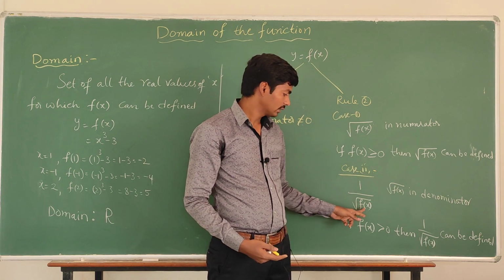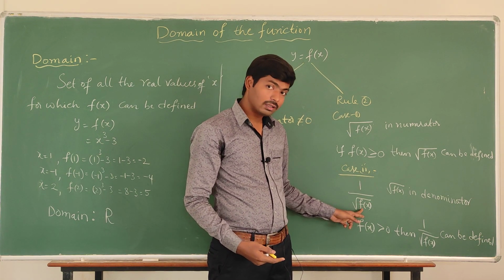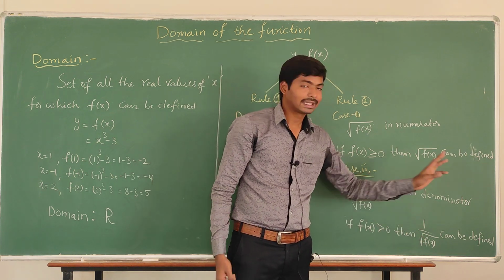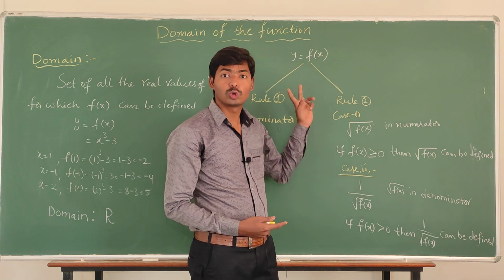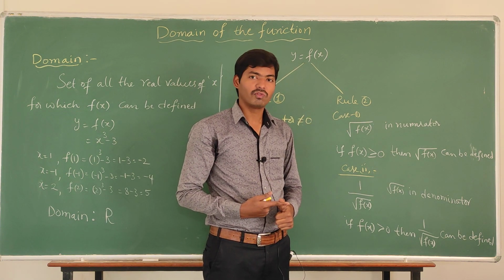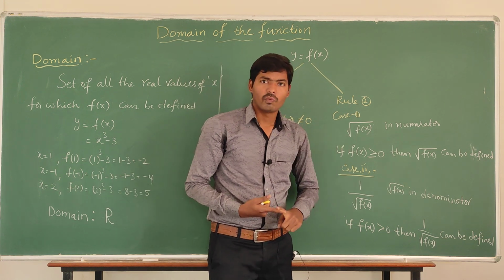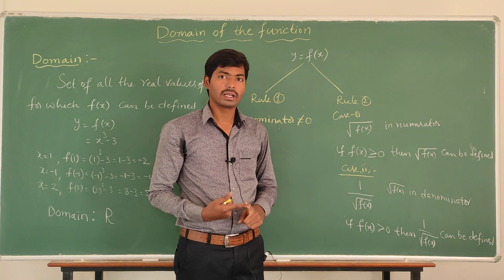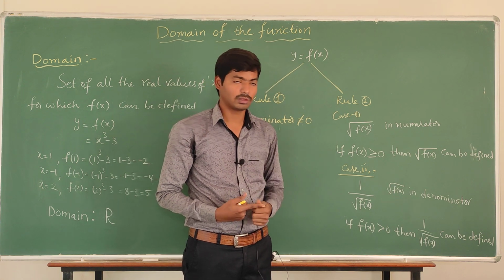If f of x, the expression under the root, is greater than 0, then 1 by root f of x can be defined. These are the two important rules that we consider while finding the domain of a function. Now we will see how to find the domain of a function by taking some examples.